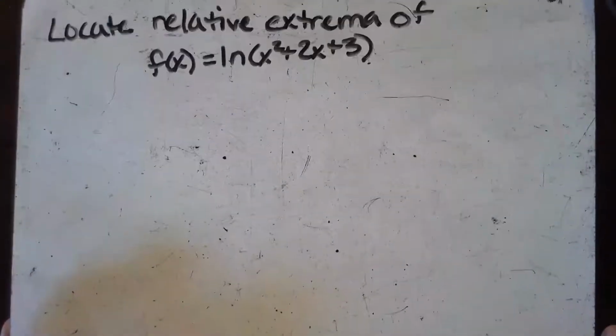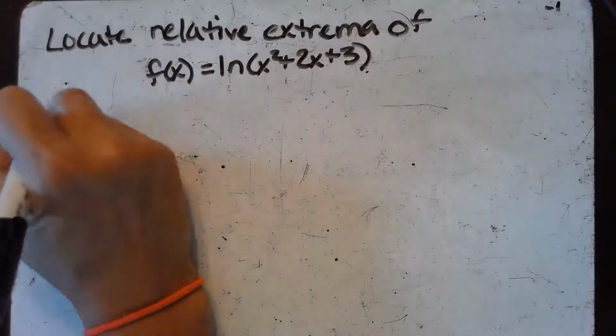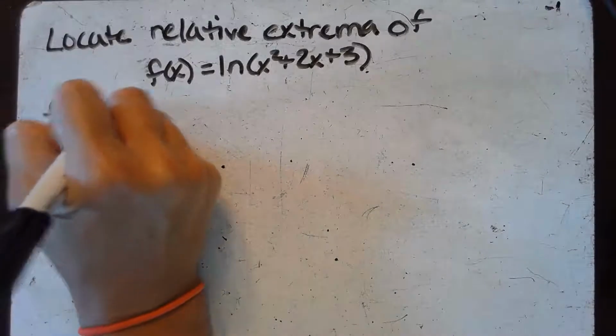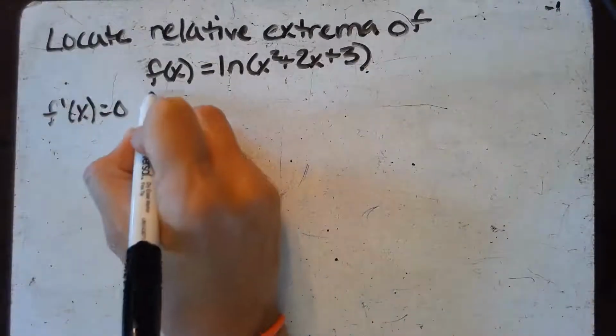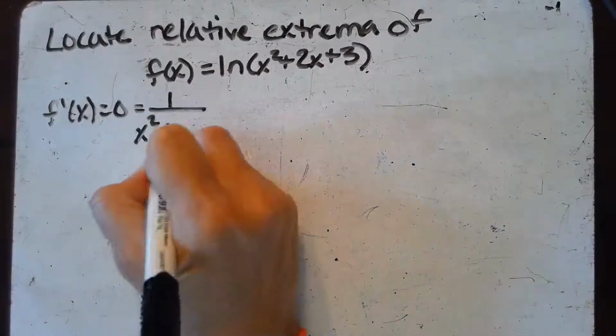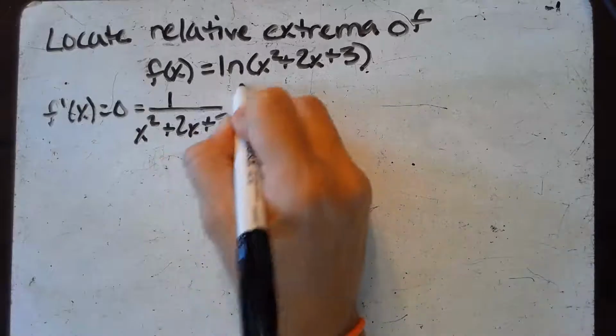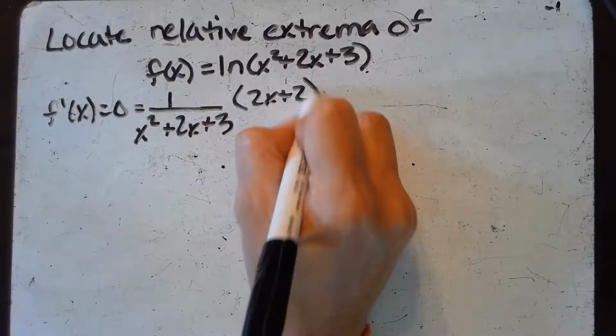All right, moving right along. We want to locate relative extrema. So basically relative max and mins. So we need to know when f prime of x equals 0. So I'm going to find the derivative. It's 1 over that right there, and then times 2x plus 2.